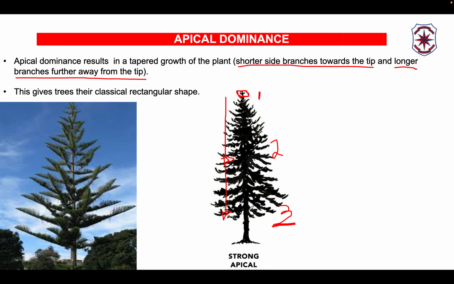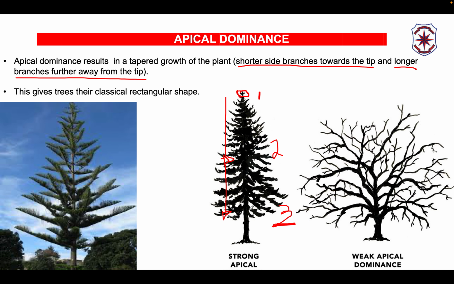All right, so this is what gives this tree its rectangular growth. And we consider this particular tree, the first one and the second one, as having strong apical dominance. Why? Because these trees have an apical bud.